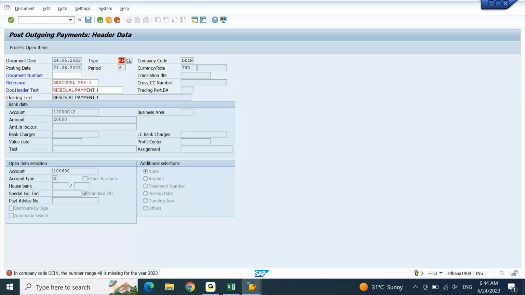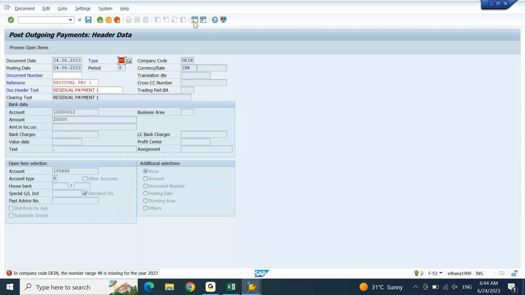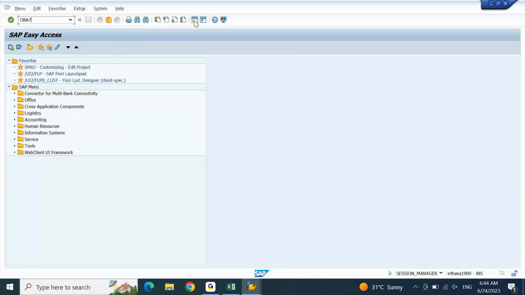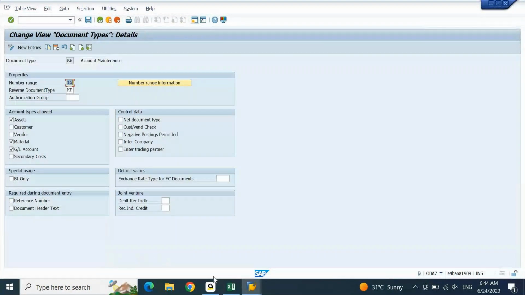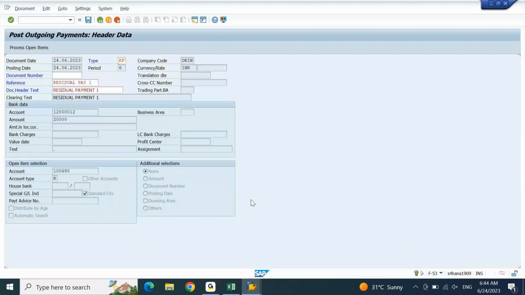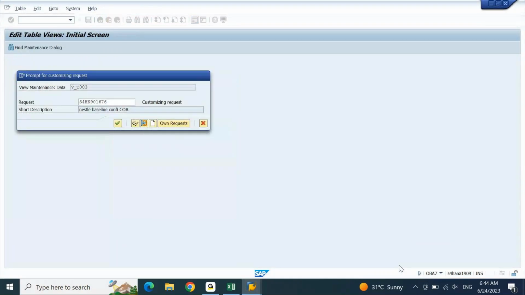Better I'll update the number range. Anyways, it is asking me to come out. KP. What is the error message number range? 48. Let me put 48 and then update. Because it's asking me to come out and then re-enter to reflect number range 15.